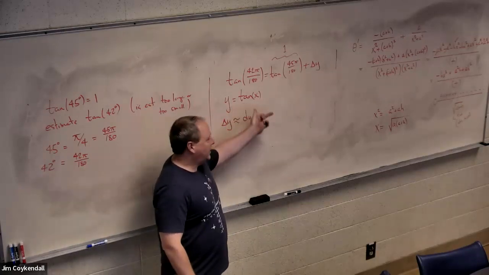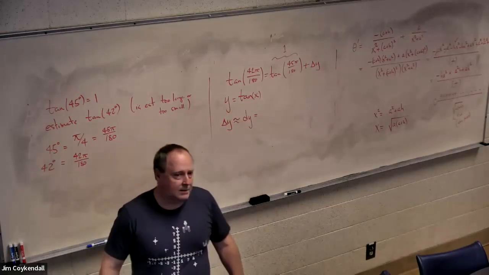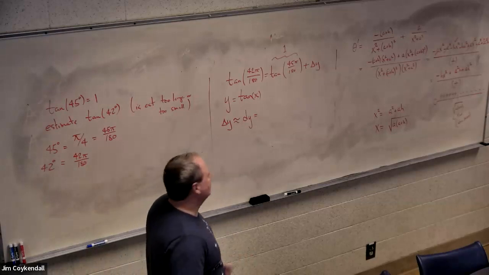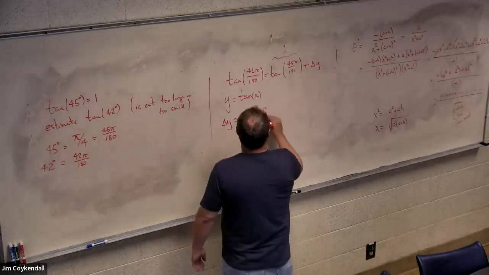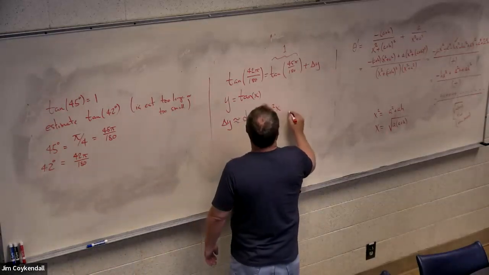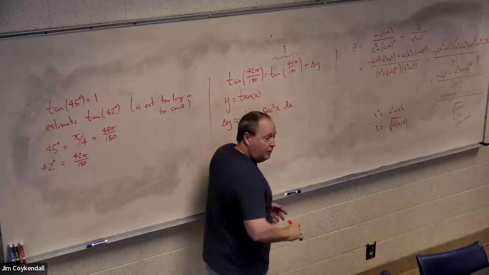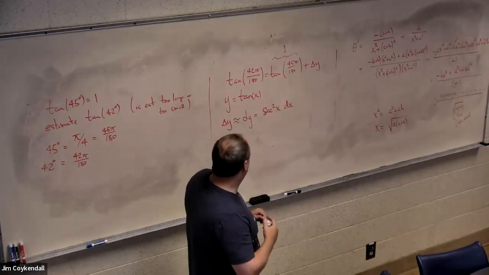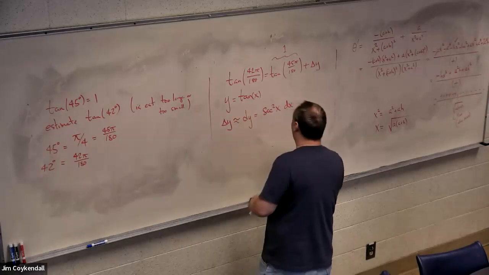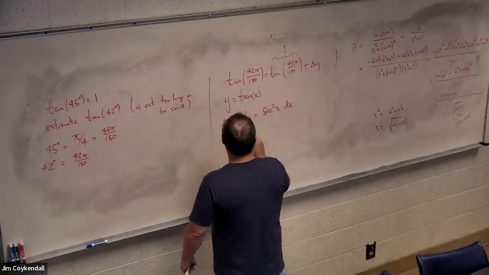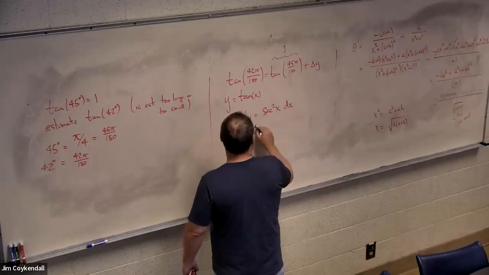So if y is tangent x, what's the differential dy? Secant squared x times dx. And don't forget that, because that's a little change, right? To make this work, my anchor x is 45 pi over 180.